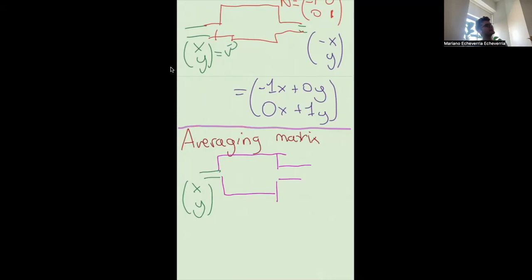Anyone remember the formula? What's the average of two numbers? If one number is 3 and the other is 5, what's their average?